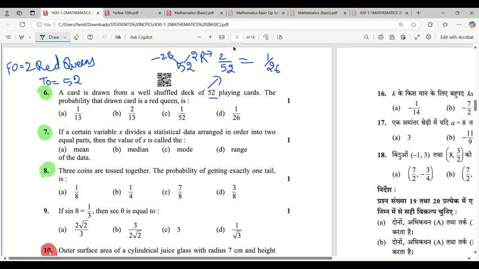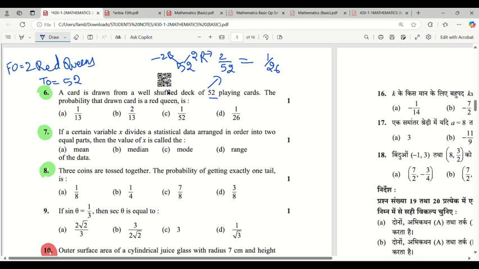And remember, out of the whole 52 cards, there will be 4 kings, 4 queens, 4 jacks, and 4 aces, divided in different colors. I'm explaining this in detail. If you still have doubts, you can text ma'am.